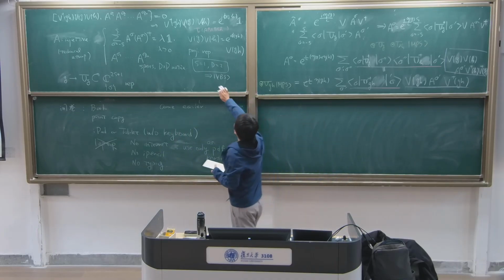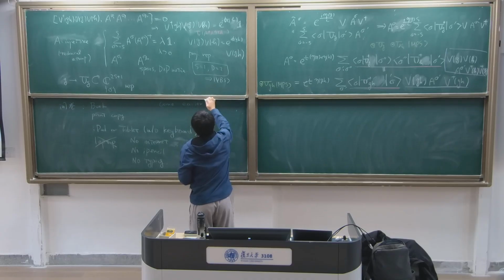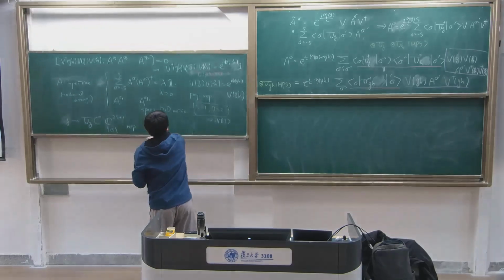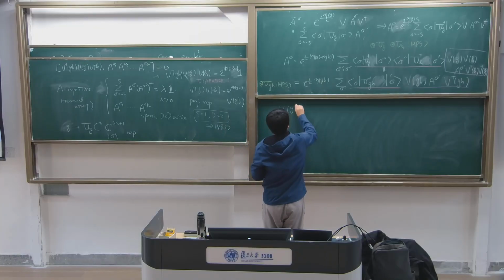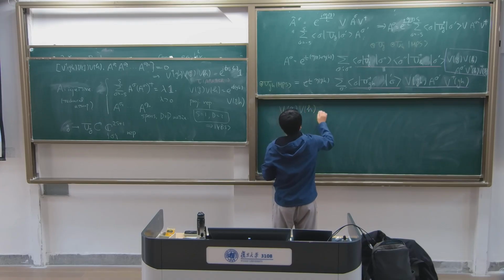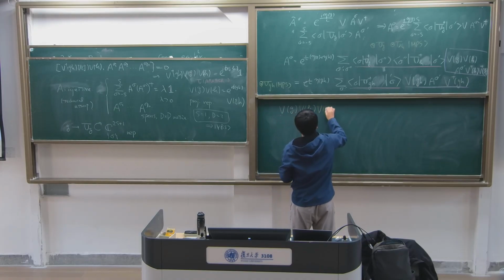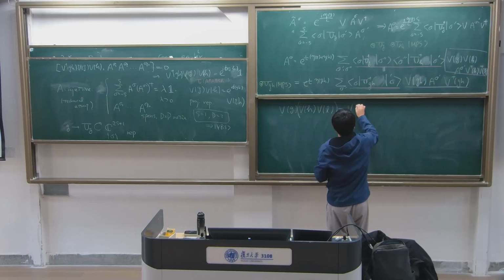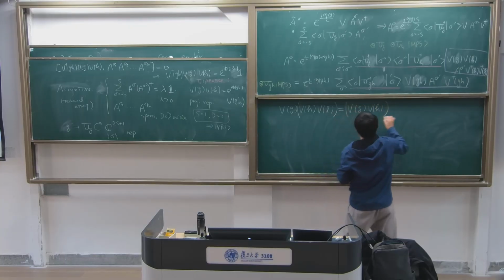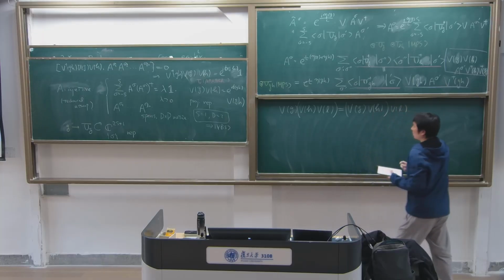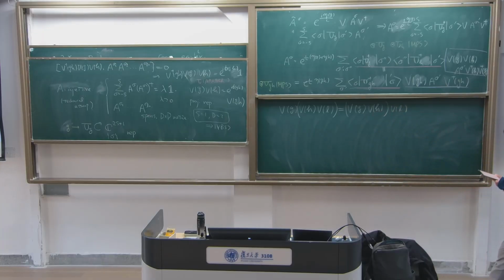So if you look at this one, what we want is B_G, B_H. So that's what I want.